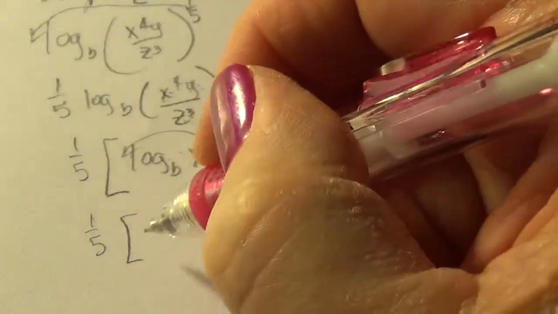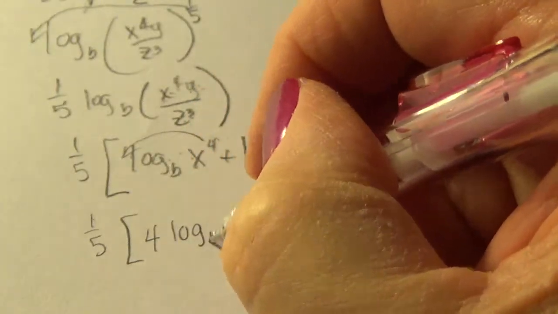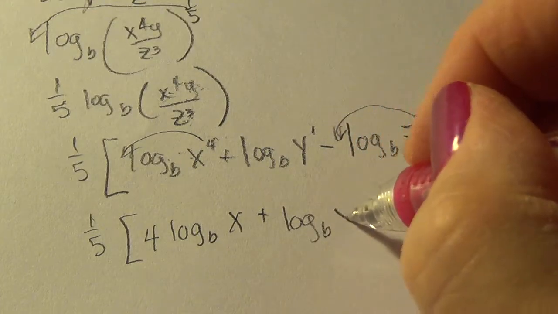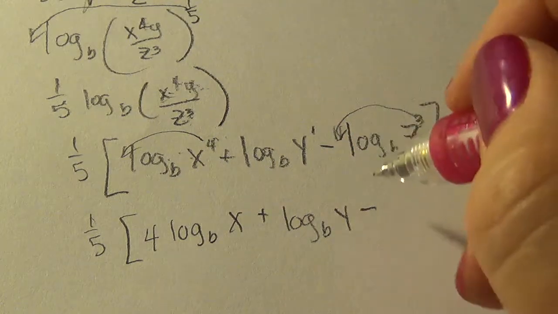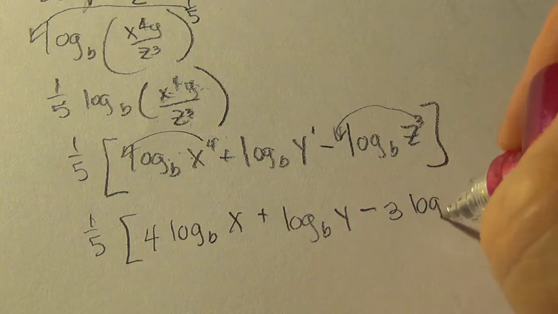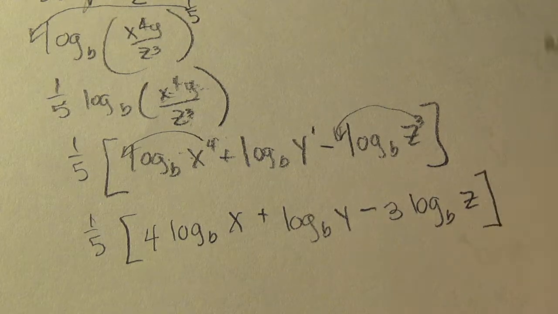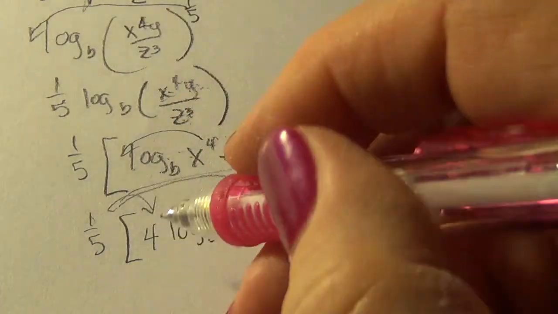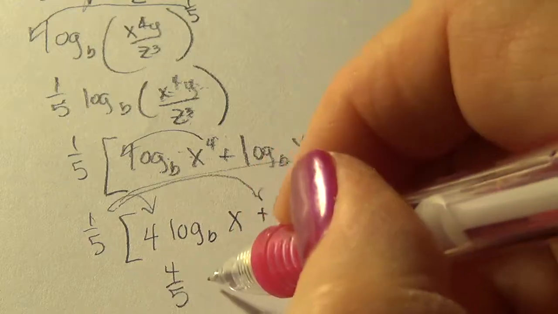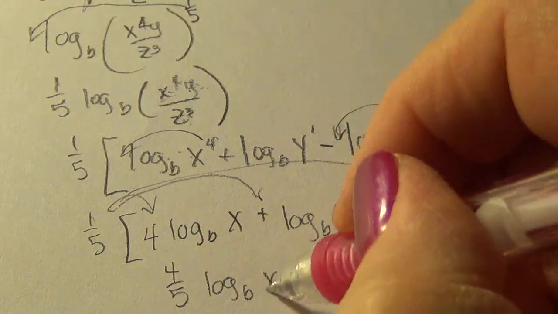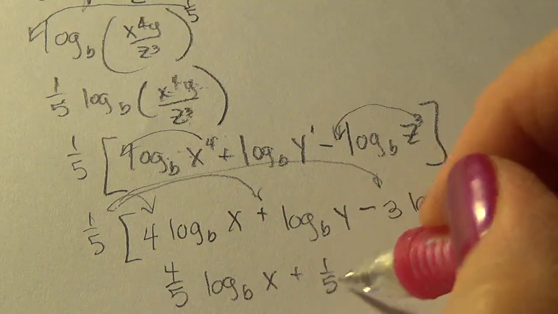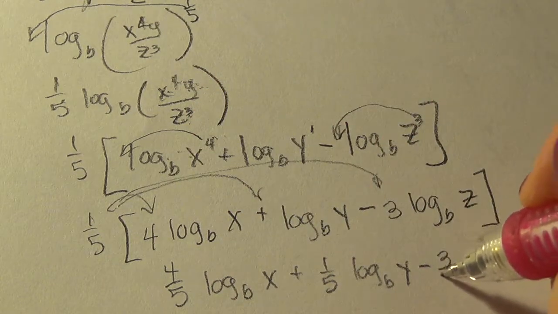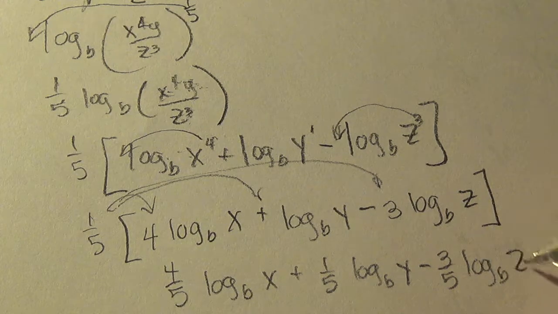Alright, so now all I have to do is have these values run down in front. So this can be 4 log to the base b of x plus, that one doesn't change, log to the base b of y. This one, the 3 runs down in front, log to the base b of z. And now this 1/5 can be distributed through for the best answer. 4/5 log to the base b of x plus 1/5 log to the base b of y minus 3/5 log to the base b of z.